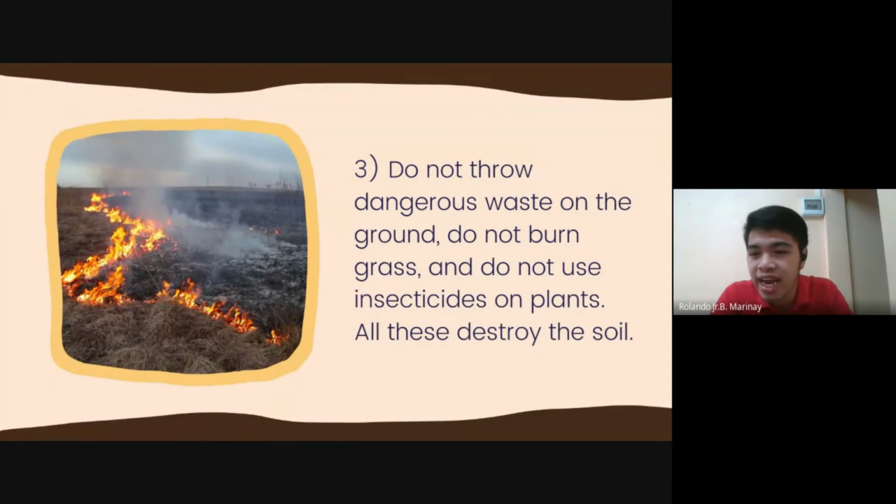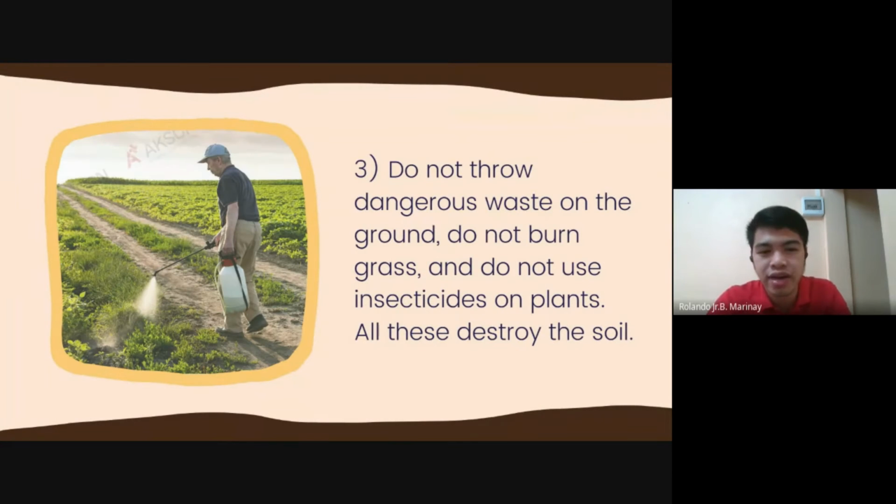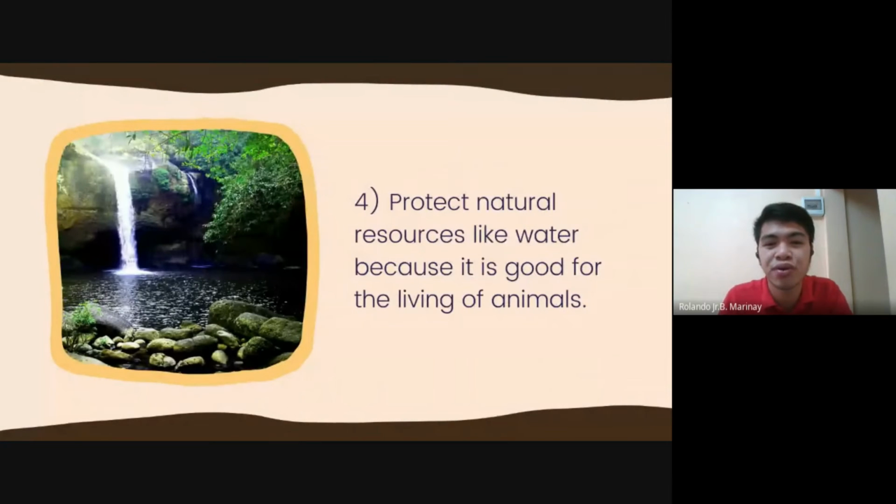First of all, the air will be infected and also the soil. So that is not good. This is a picture of a man spraying insecticide, which is also not good. Don't spray insecticide, especially when you grow up.